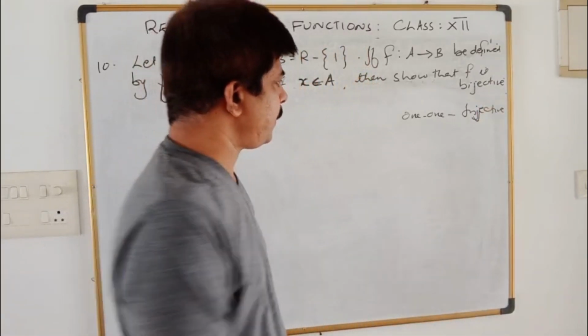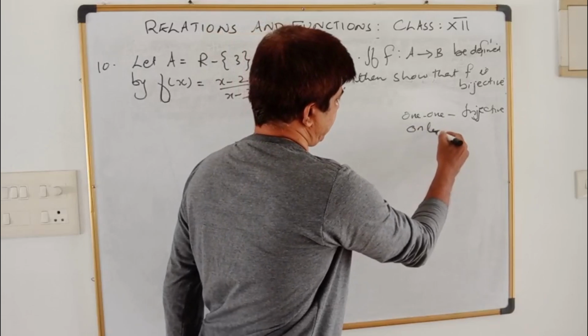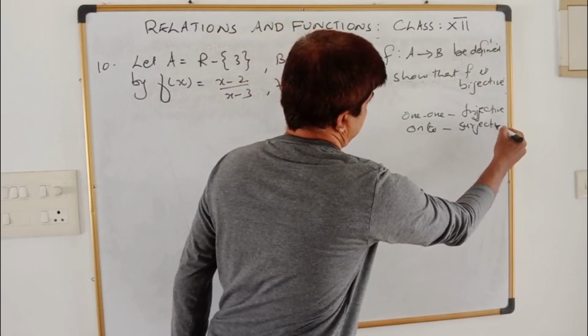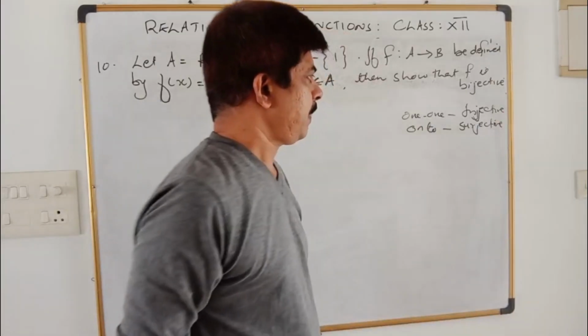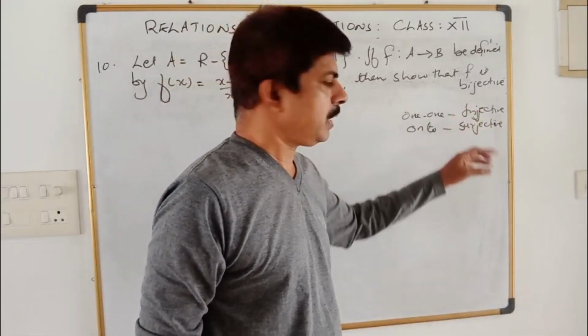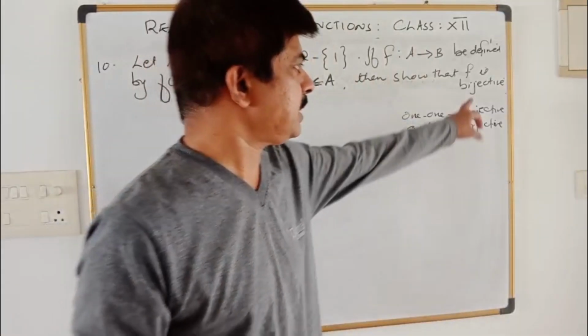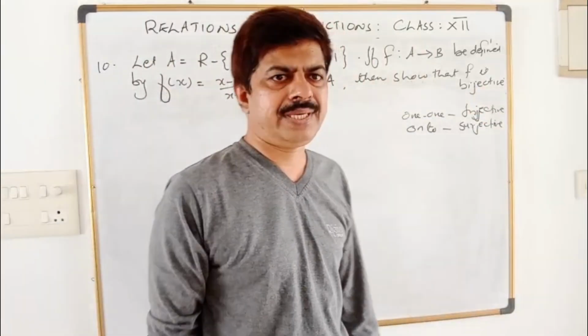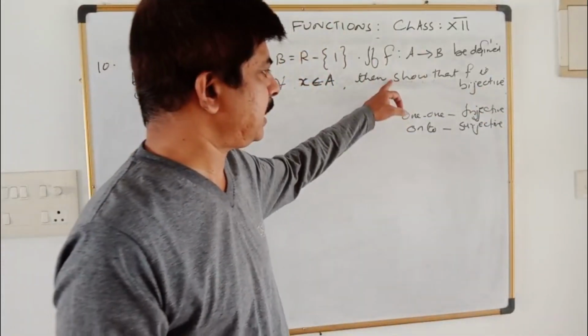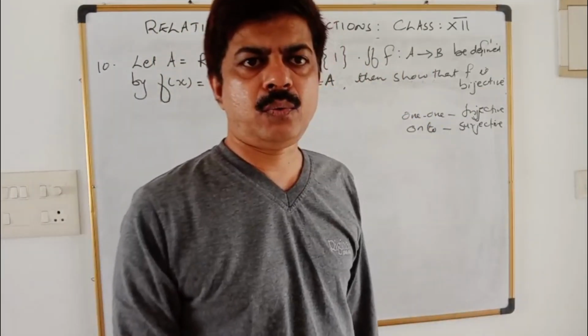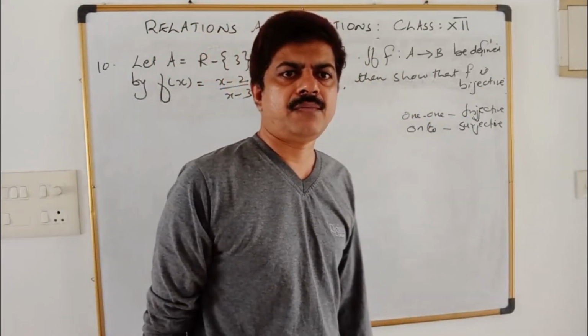Like that, if a function is onto, we can say it is a surjective function. If a function is both one-one and onto, we can say that it is a bijective function. So here we are asked to check whether the given function is one-one and onto or not. We have to prove that it is both one-one and onto.